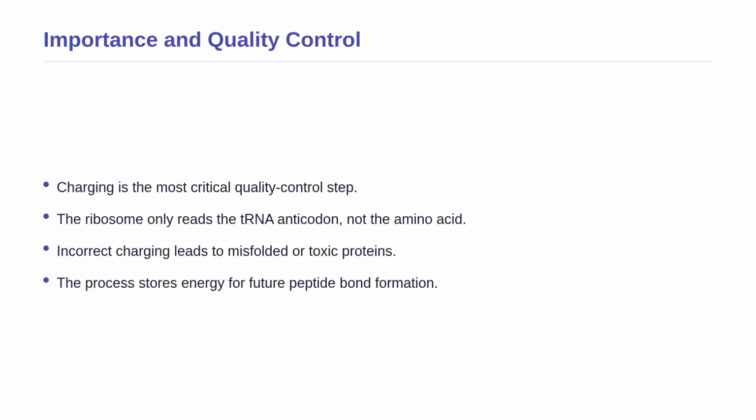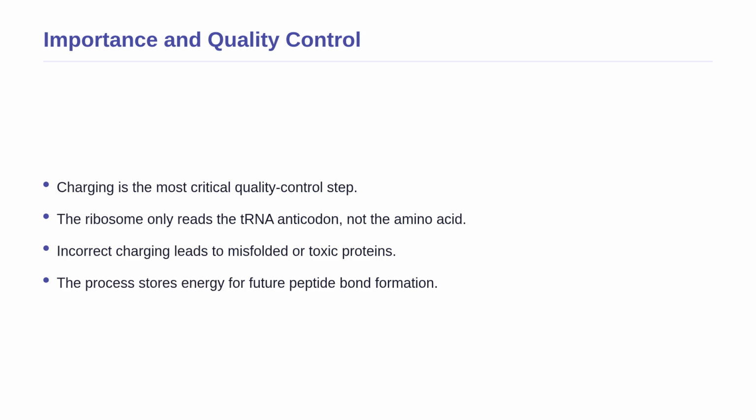Understanding the definition leads us to ask why this specific step is so vital. The charging of tRNA is arguably the most critical quality control step in all of gene expression. Why? Because the ribosome, which actually builds the protein, is completely blind to the amino acid itself. It only reads the tRNA anticodon to decide which block comes next.